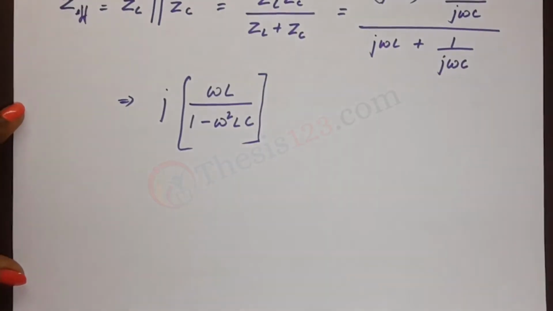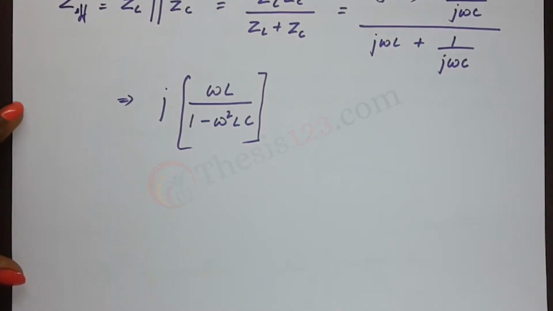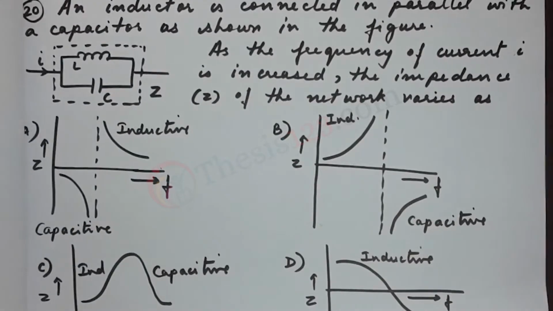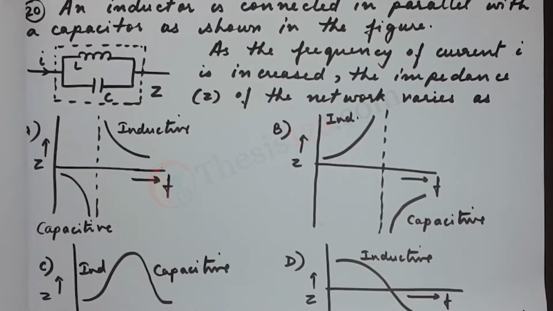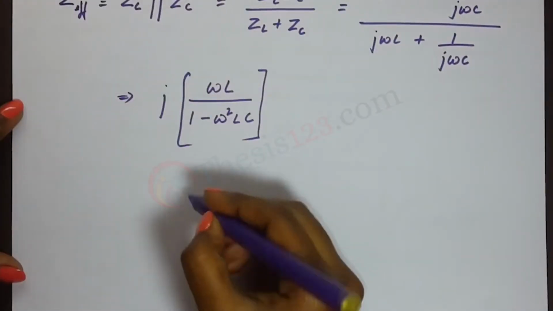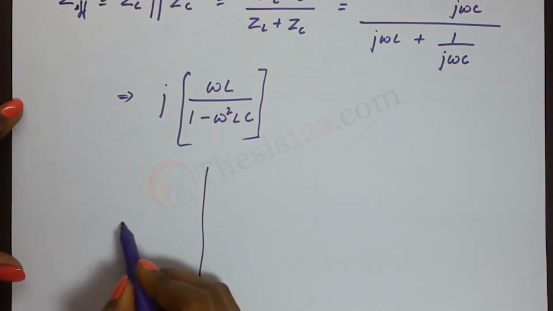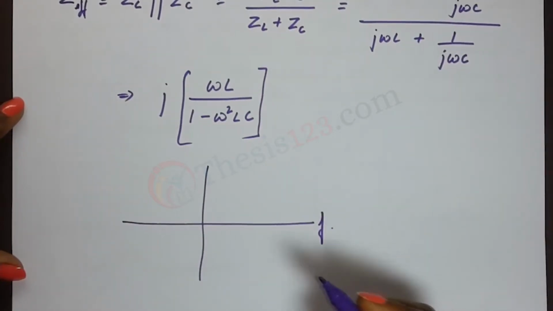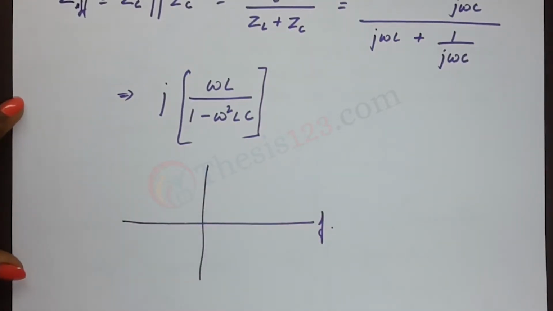Now, for different frequencies, we observe the waveform to resemble option B here, because now when we have our expression this way, for different frequencies there is a change in the waveform.